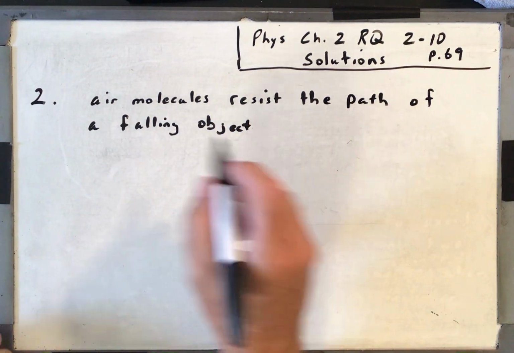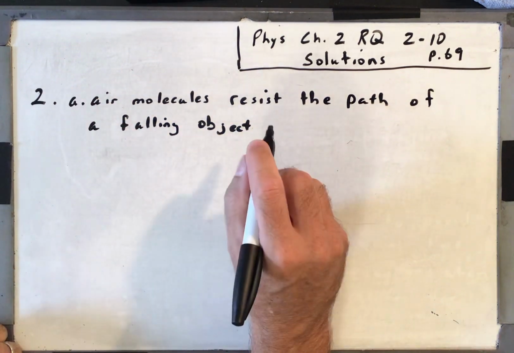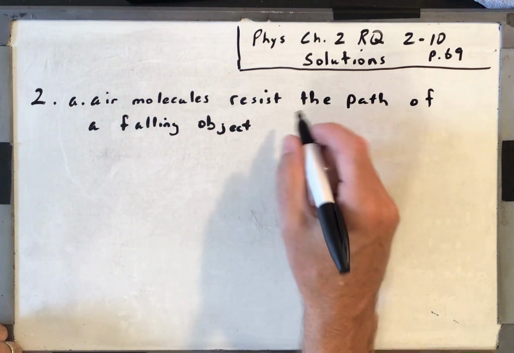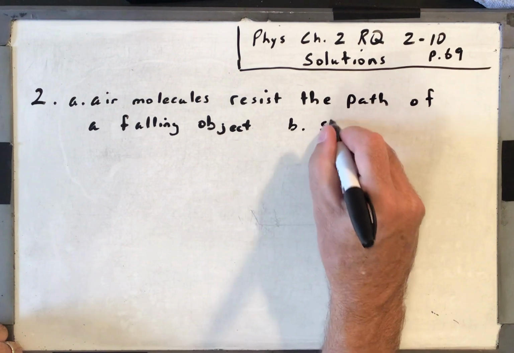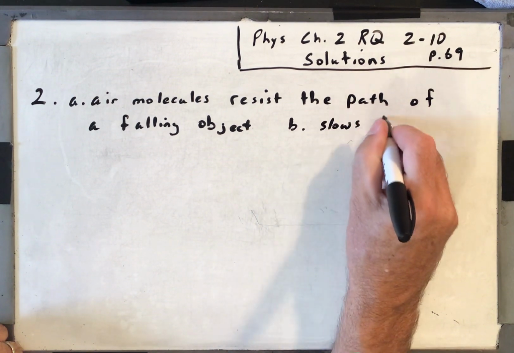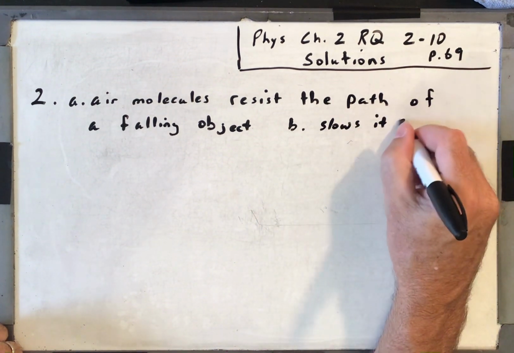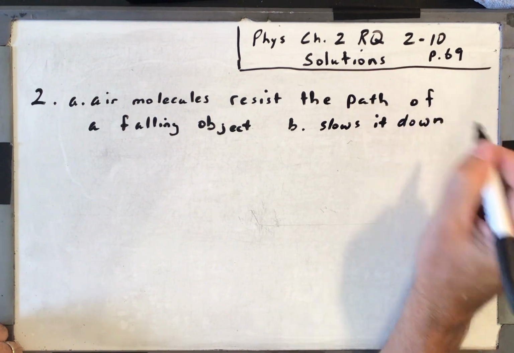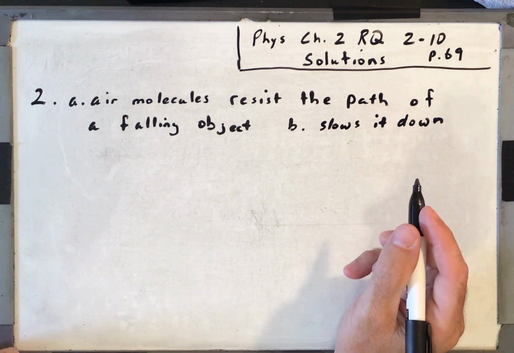All right, so that's part A. Part B, how does it affect the acceleration? It slows it down. So in a vacuum there wouldn't be any air resistance, so it wouldn't slow down at all.